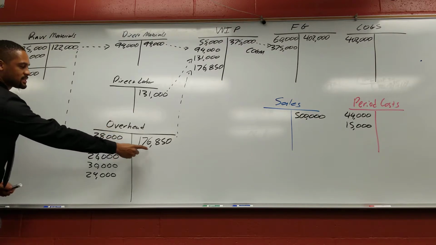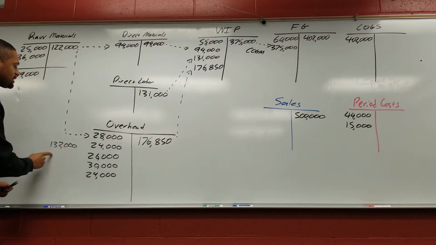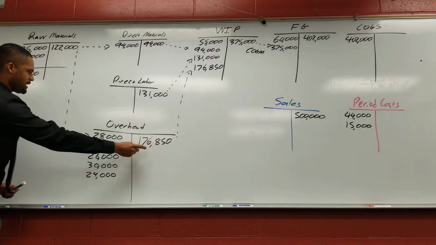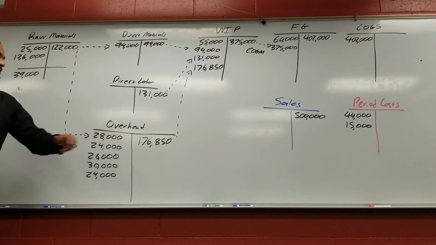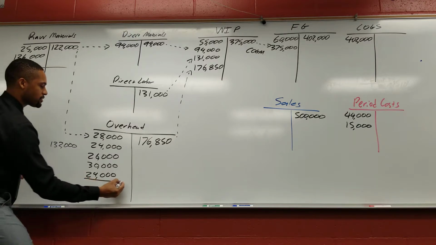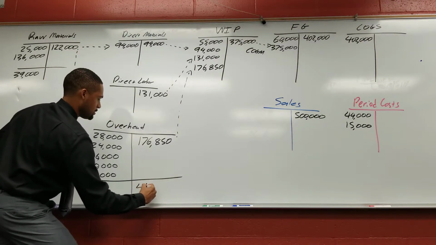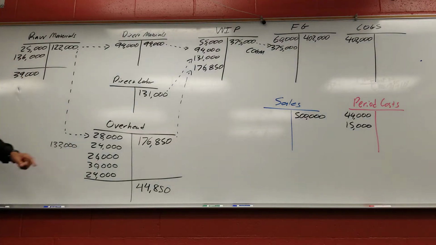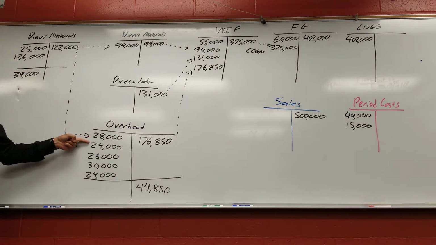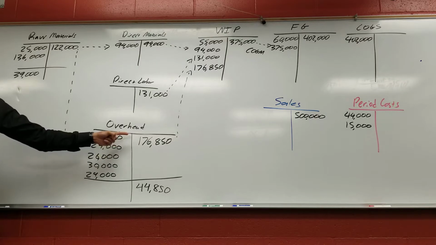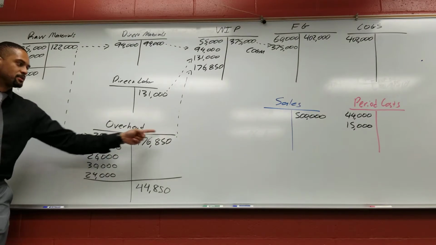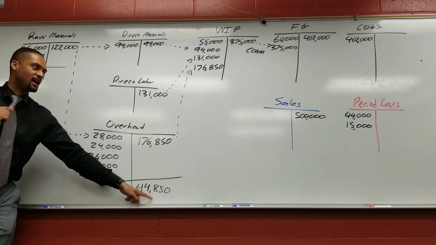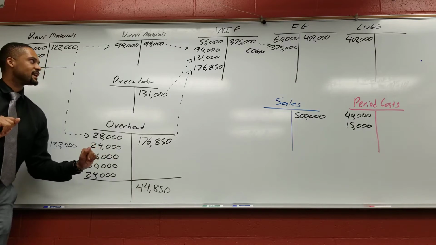This side is 176,850, so it looks like there's 44,850 on this side right here. 44,850. And if we remember, if there's too much on the actual side, we call that under applied. If there's too much on the applied side, we call that over applied. We'll get to that in just a second.